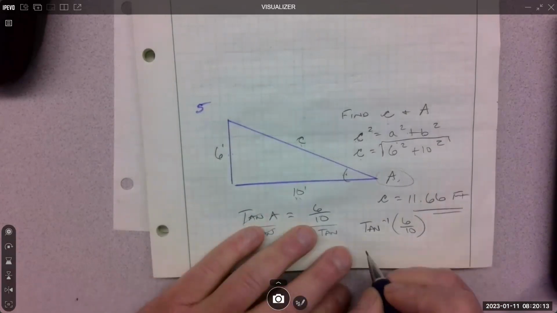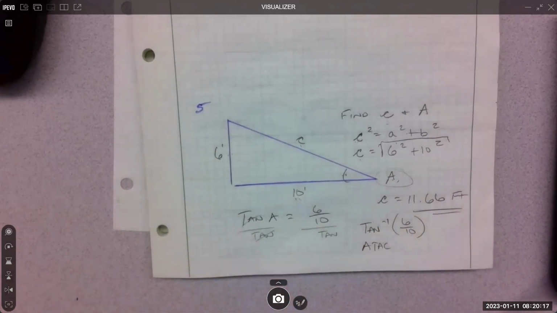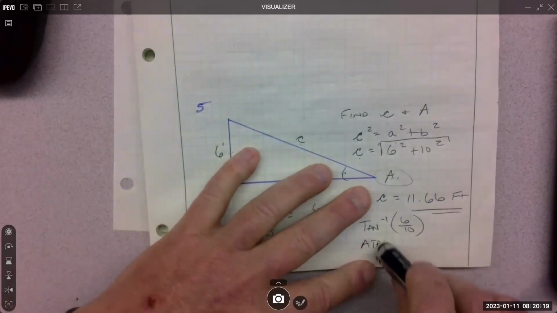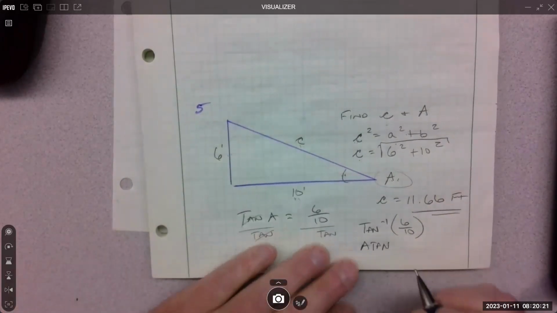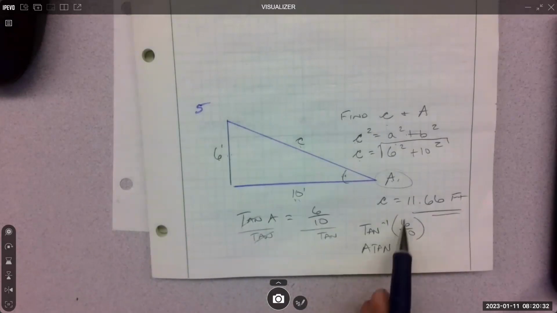And sometimes you'll see it as atan, the arc tangent. The function works a little different in that this is how you do it. It's going to be the arctangent of 6/10.